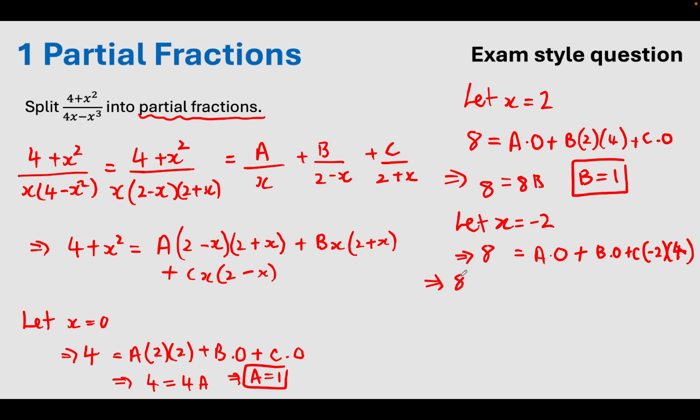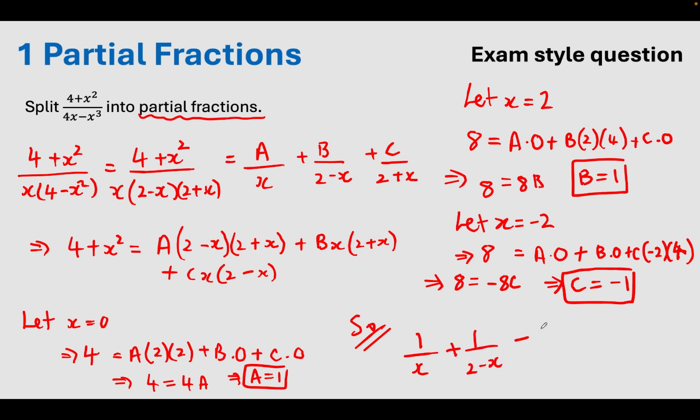So I get 8 equals minus 8c. So therefore c is -1. So I get 1 over x plus 1 over 2 minus x minus 1 over 2 plus x.